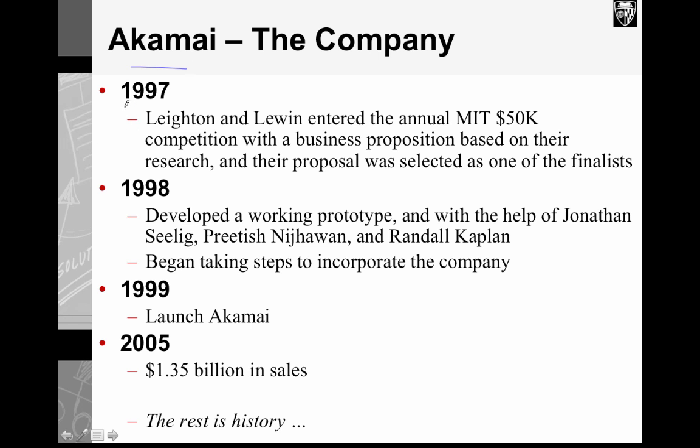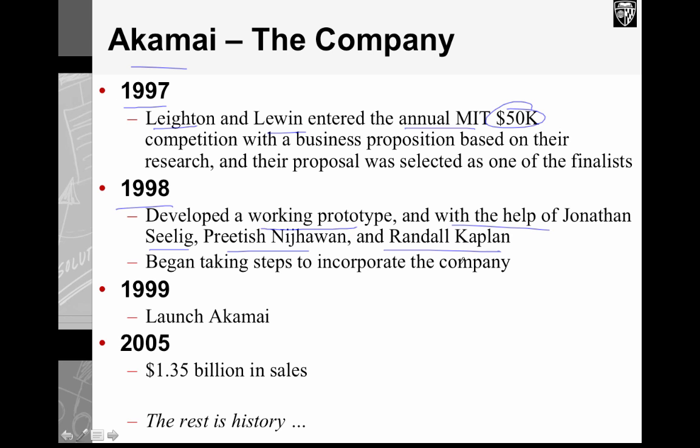Well, it so happens that in 1997, Leighton and Lewin entered the annual MIT contest for a $50,000 prize for a business proposition using the CDN technology. Their proposal was one of the finalists, but they didn't really get selected. But in 1998, they continued on and developed a working prototype, and with the help of Jonathan Seelig, Preetish Nijhawan, and Randall Kaplan, established a company, Akamai.